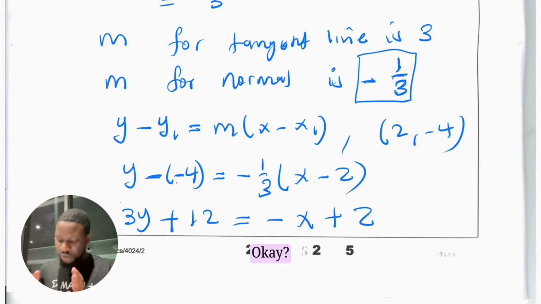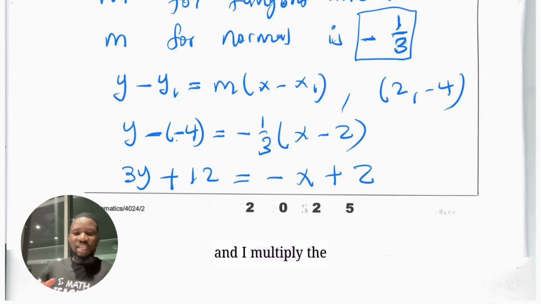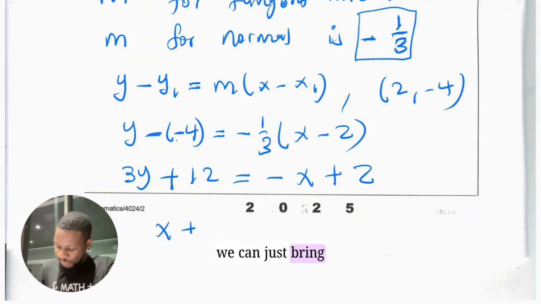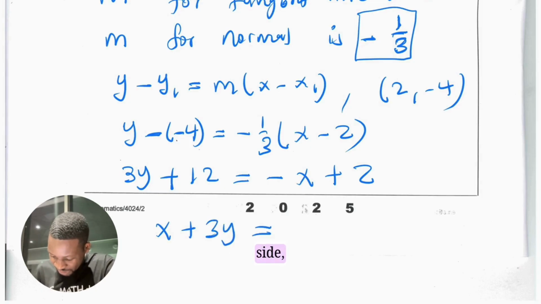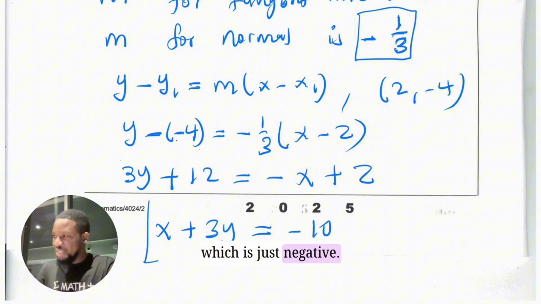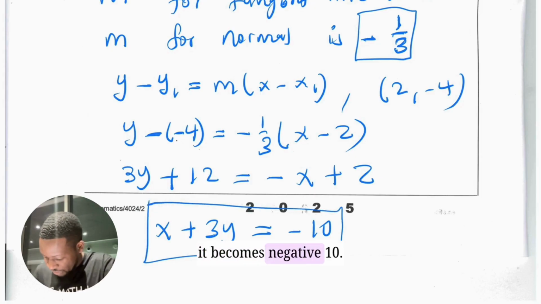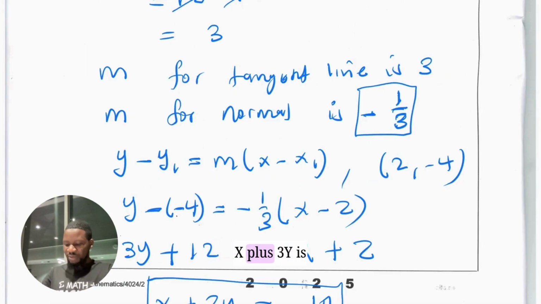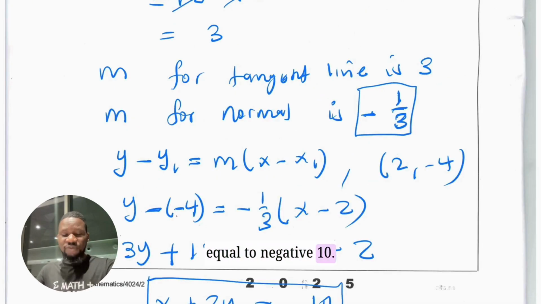Okay? So once again, the fraction on the right, negative 1 over 3, I multiply the 3 on the left and I multiply the negative 1 on the right. Okay? So we have that equation, which is almost done, right? So what we can do, we can just bring x to the left side so that this becomes x plus 3y. Then we can write 12 on the other side, so 2 minus 12 becomes negative 10. Okay? So that should be the equation. x plus 3y is equal to negative 10.